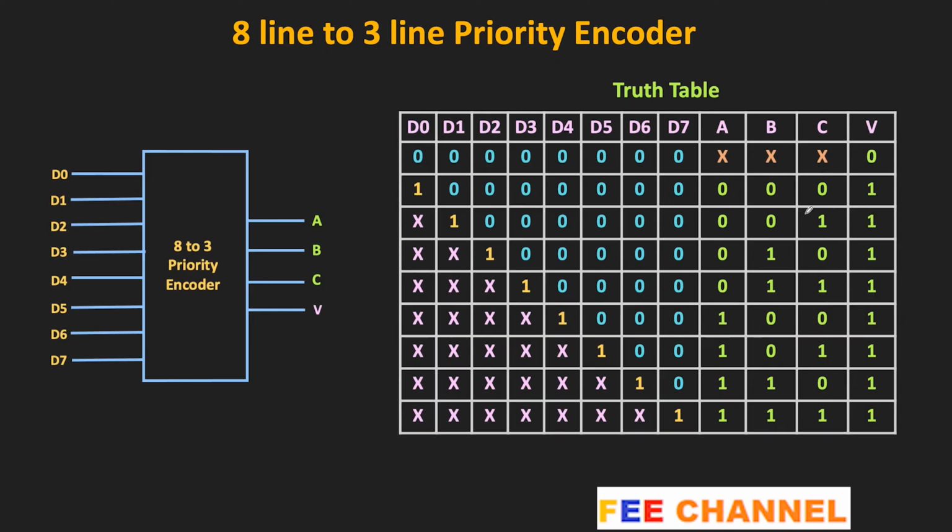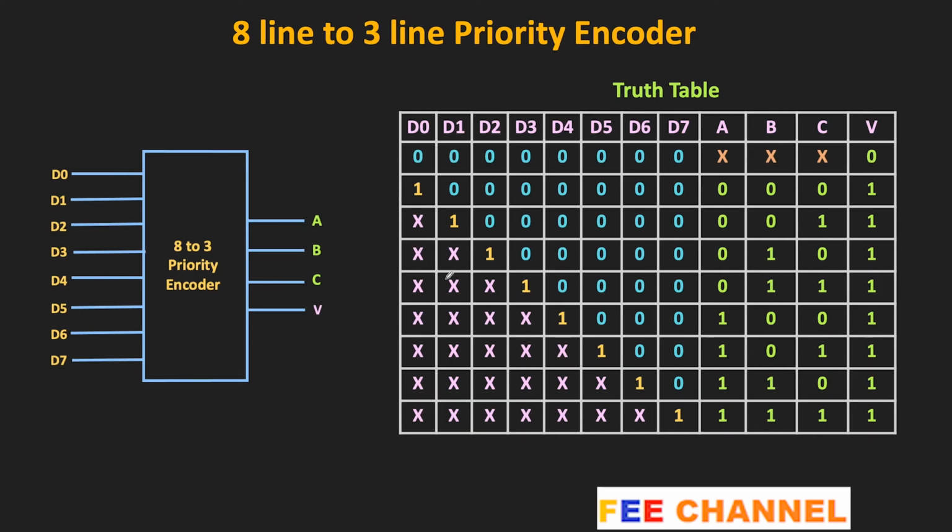Likewise, when D1 is 1, and the inputs from D2 to D7 are 0, then the corresponding output is equal to 0, 0, 1. And since D1 has the higher priority compared to D0, it doesn't matter whether D0 is 1 or 0. And likewise, we have different cases for D2, D3 up to D7.